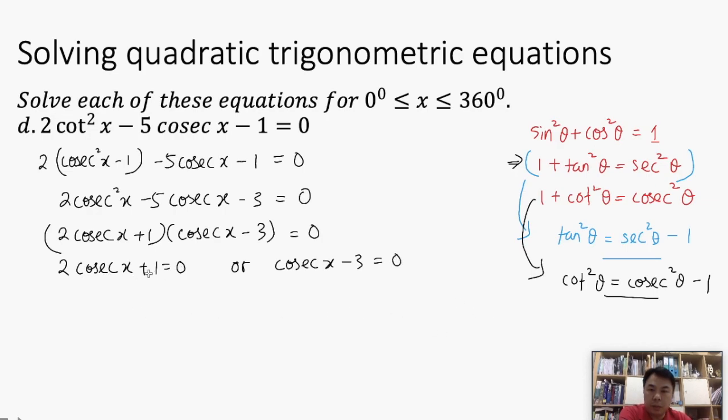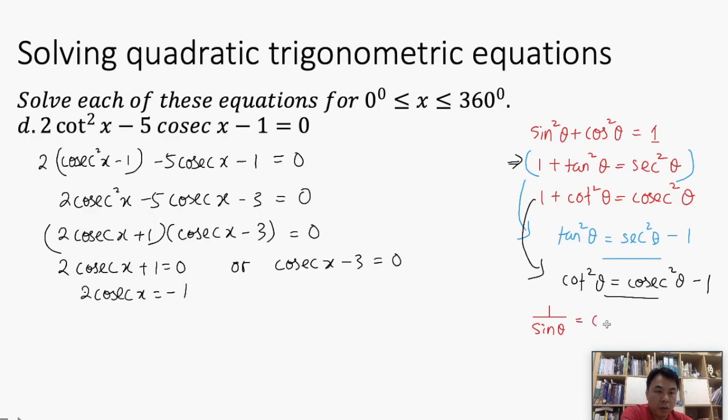Okay, so from here, I'll do this very quickly. So this is 2 cosecant x equal to negative 1. Sorry, I made a mistake here. Just let me clean up. And then one more reminder on this would be cosecant is 1 over sine.